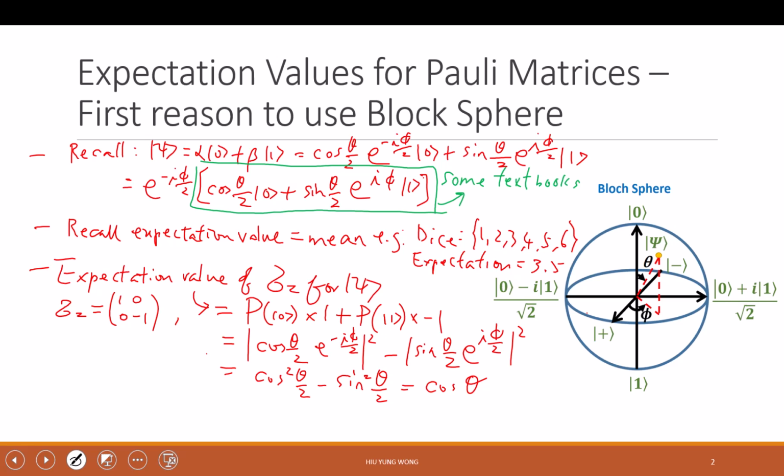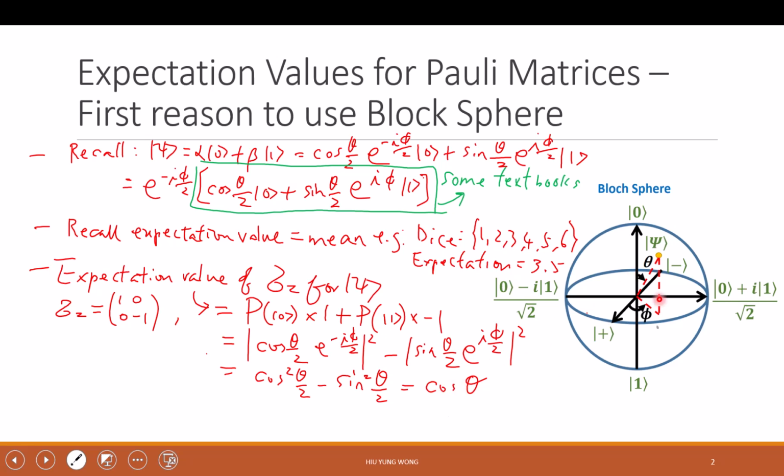Okay? Now look at this. What I'm talking about is this point. This is the state that I have on the Bloch sphere. And I'm asking what is the average value that I will get when I try to measure sigma z. And sigma z's eigenvalue represents spin up and spin down.